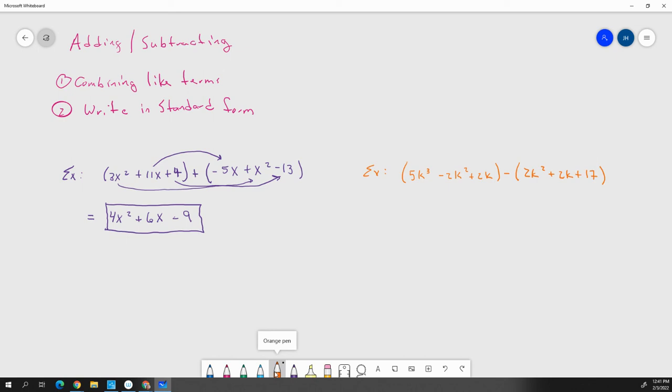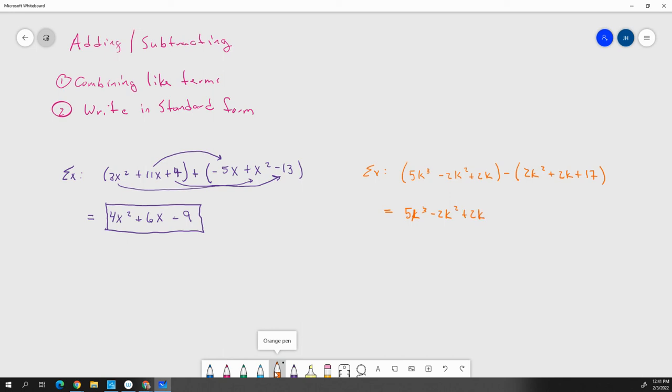Now, if I want to, I can pull everything out of this first parentheses and just play it like it is, right? I could rewrite that as 5k cubed minus 2k squared plus 2k, makes no difference.